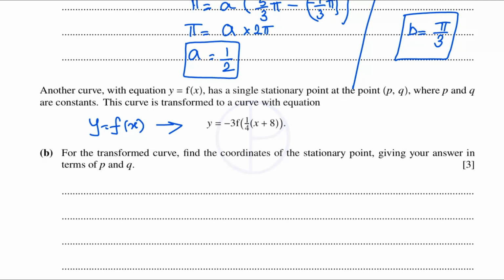So in this, the negative 3 indicates a stretching factor along the y direction. Okay. So this is our first transformation. Inside the bracket, there are two horizontal transformations. So there the order affects the outcome. So we need to follow the order there. Okay.